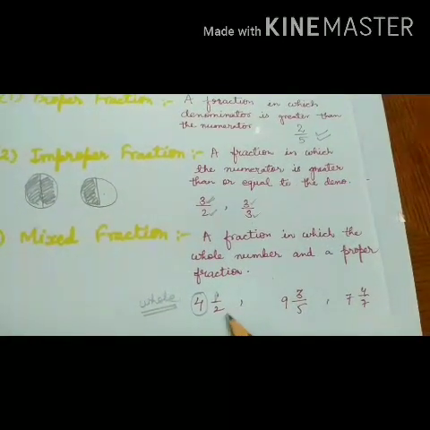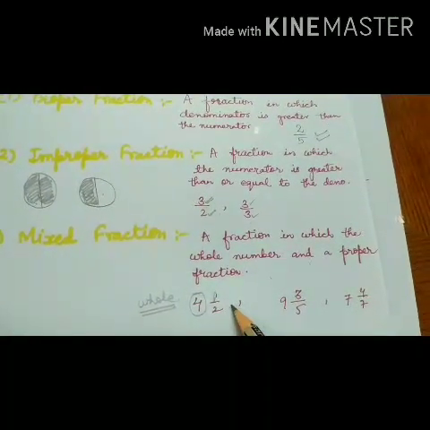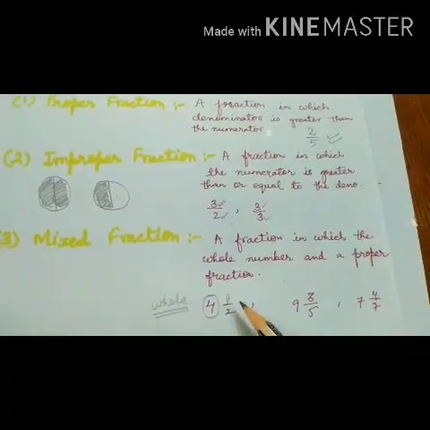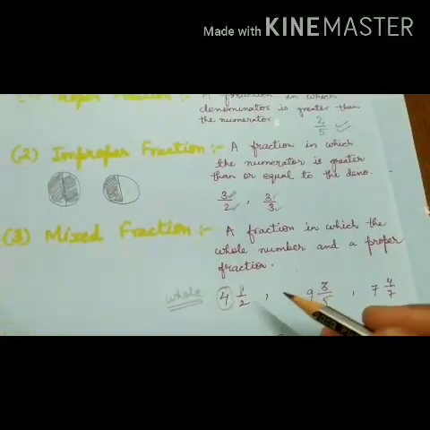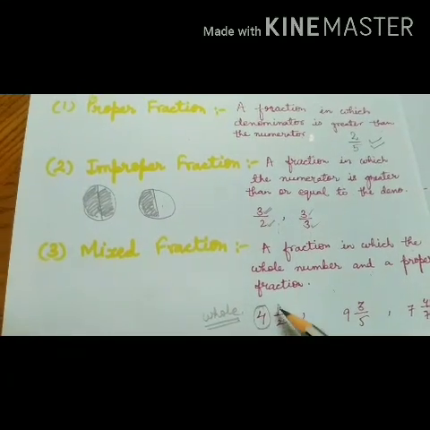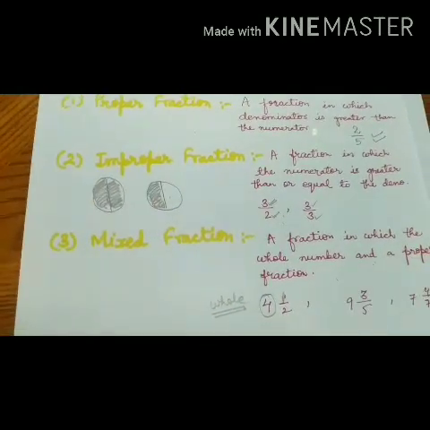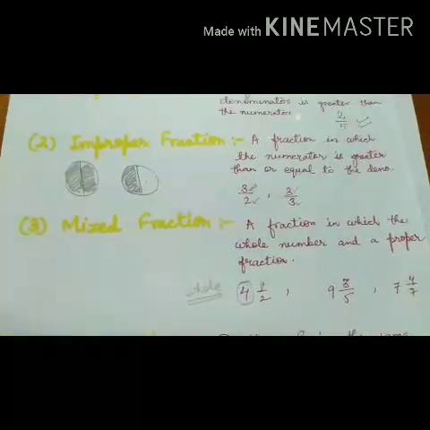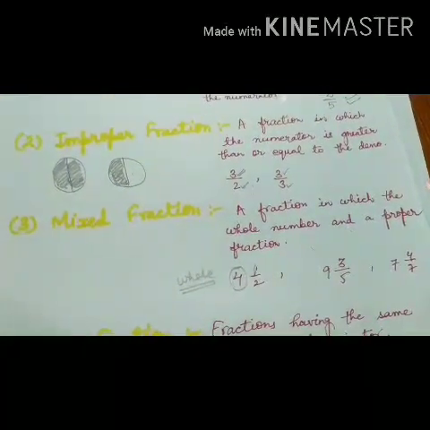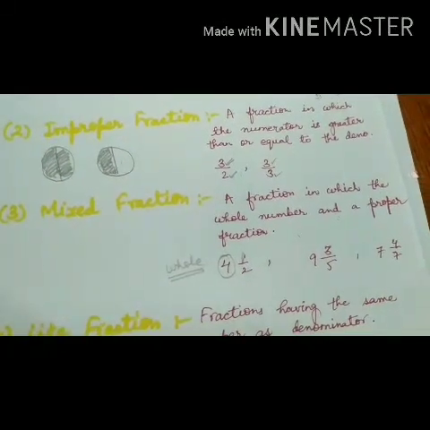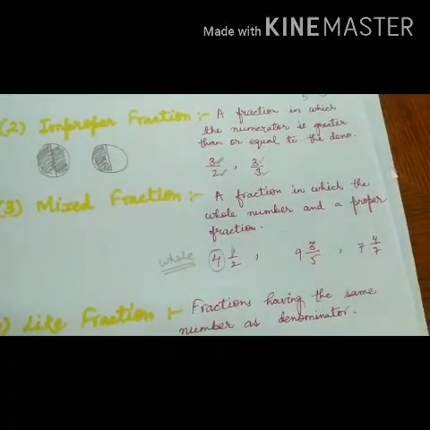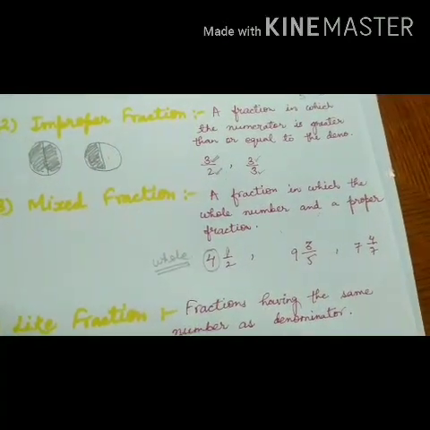Mixed fraction, always when we simplify mixed fraction it becomes improper fraction. Okay, how? I will tell you. See, first of all, what I am talking about, that 4 pizzas and half. Like somebody tells you to bring 2.5 spoons of sugar. So what do you do? You bring 2 spoons and 1/2 spoon.